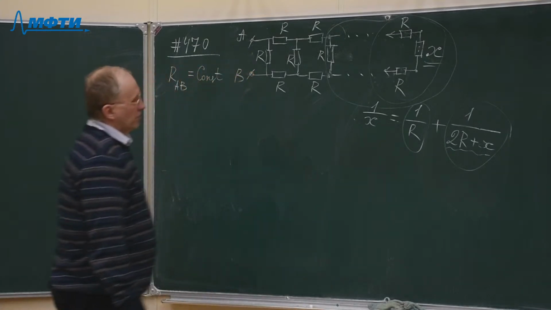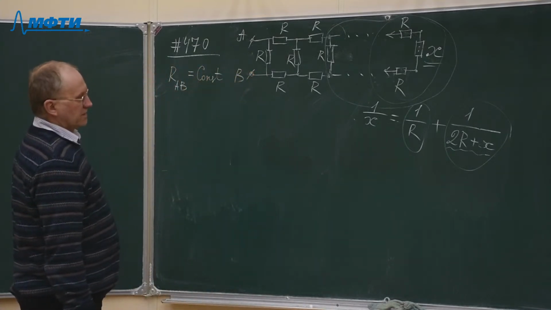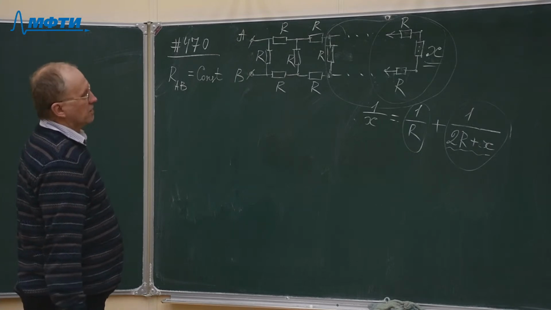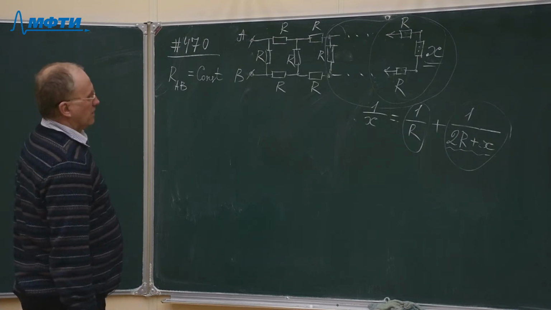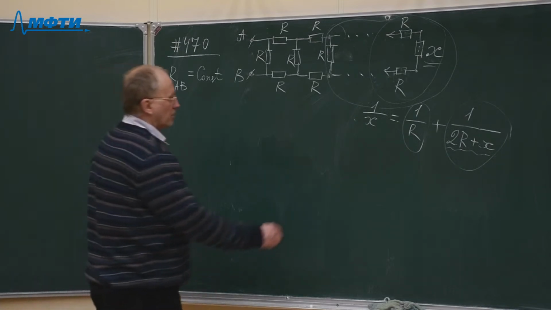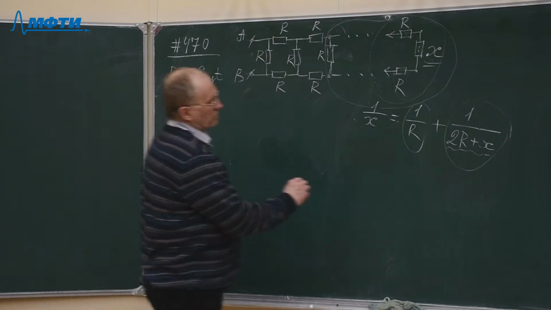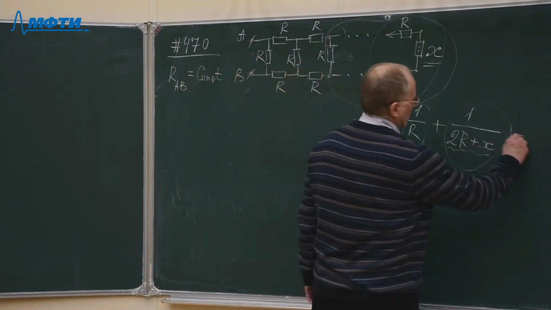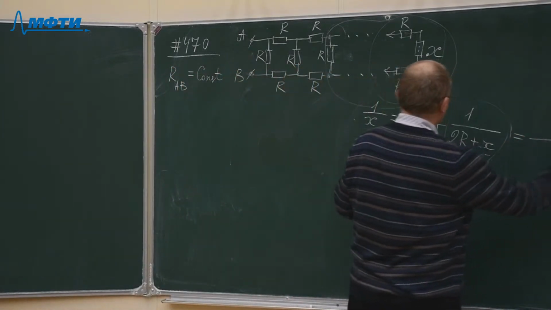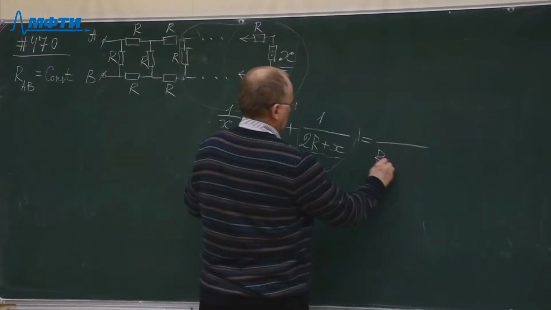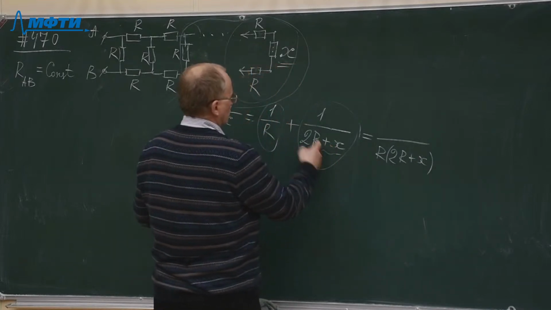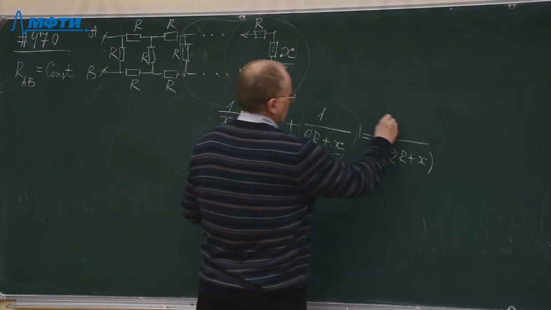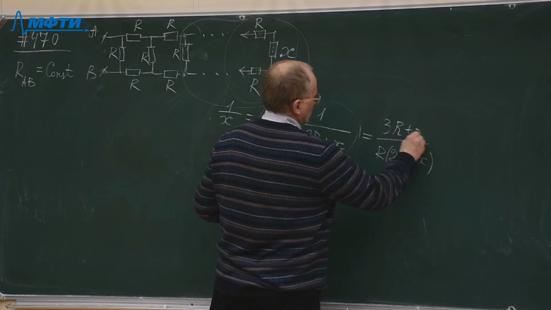And so we need to find X from this equation. This is not a complicated problem, so we may write it in this way. That will be R times (2R plus X), divided by (2R plus X plus R), so that will be 3R plus X.